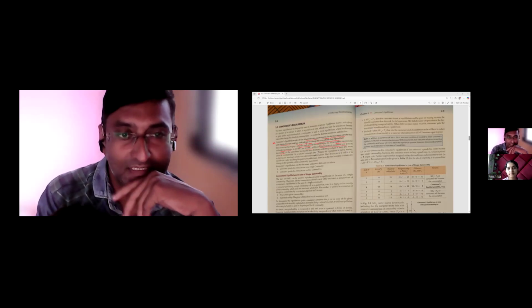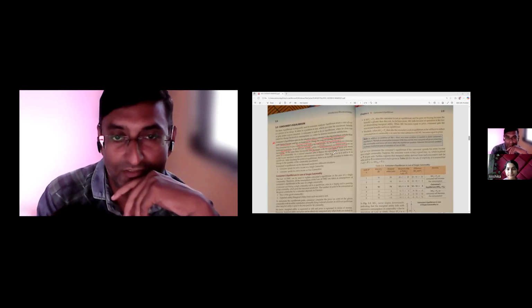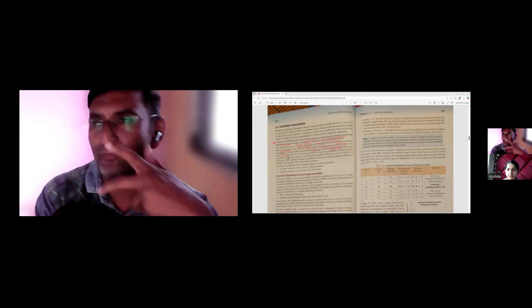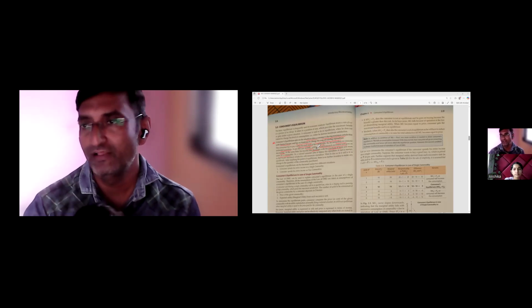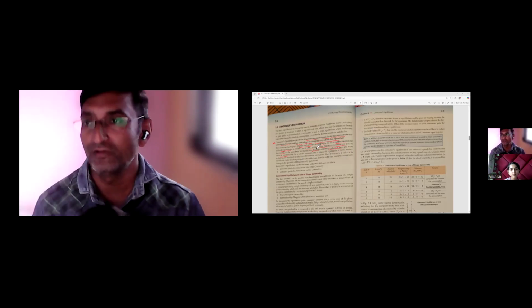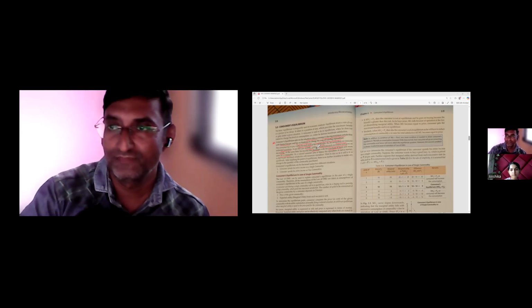At the same time, his income also decreases with the purchase of more and more units of the commodity. Obviously, when you have a desire to purchase more, then you have to spend more. That is a simple funda, right?